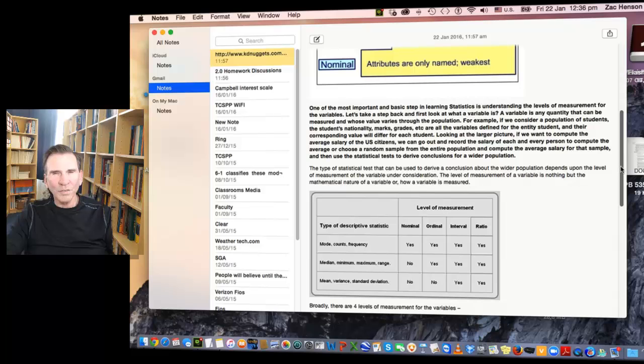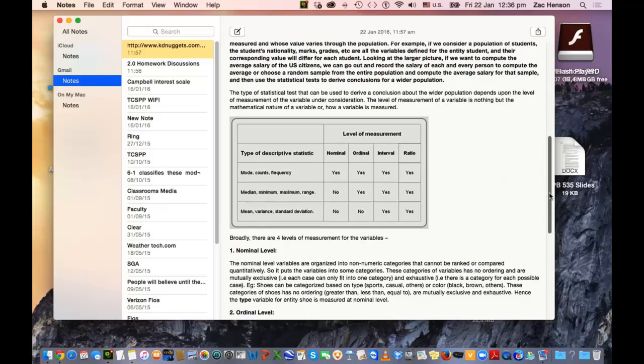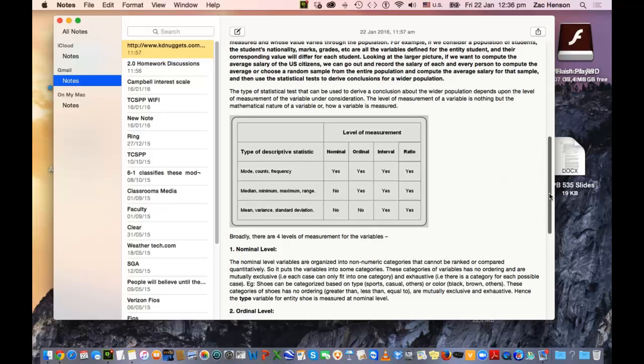The level of measurement of the variable is nothing but the mathematical nature of the variable, or how a variable is measured. So, as we can see by the graph, the levels of measurement are categorically nominal, ordinal, interval, and ratio. Then we look at the axes, the x-axis versus the y-axis.